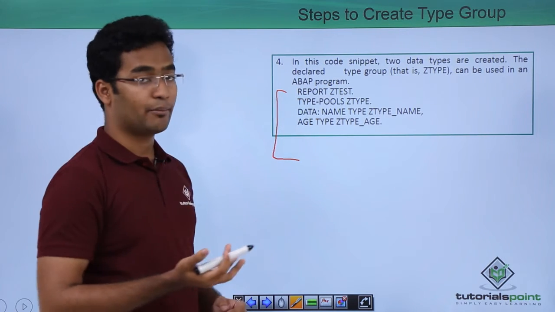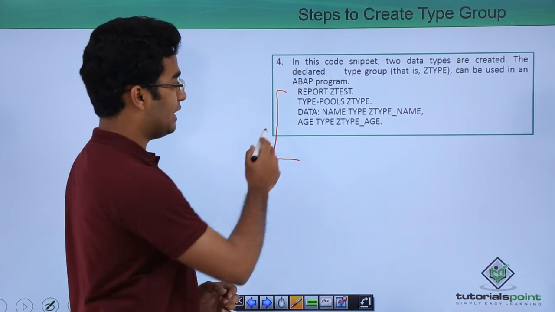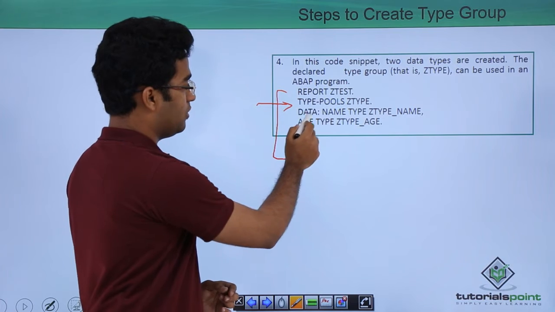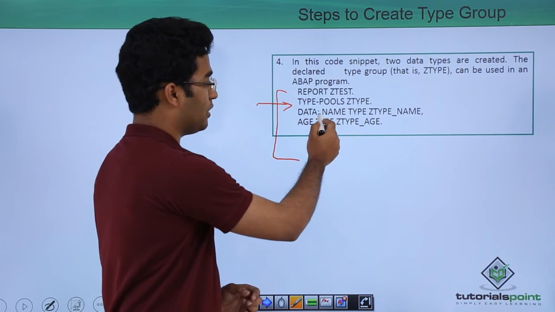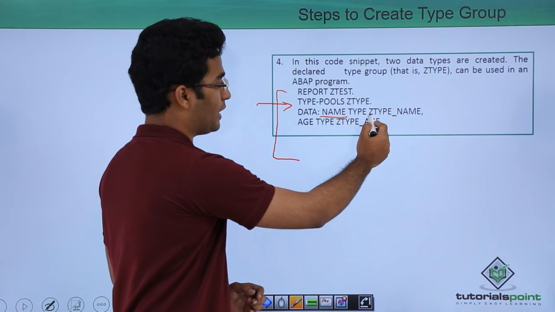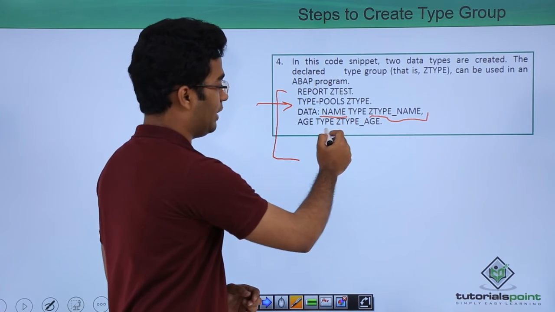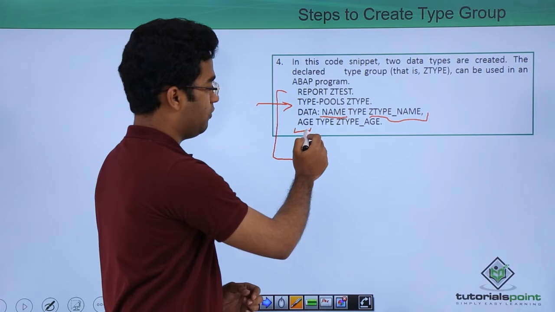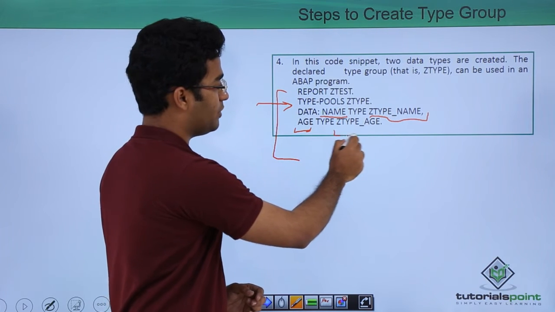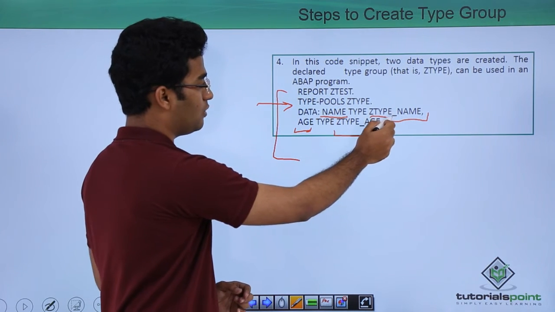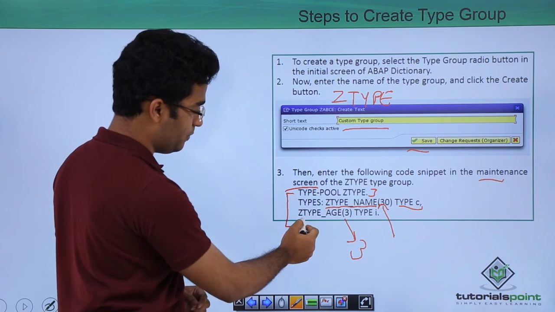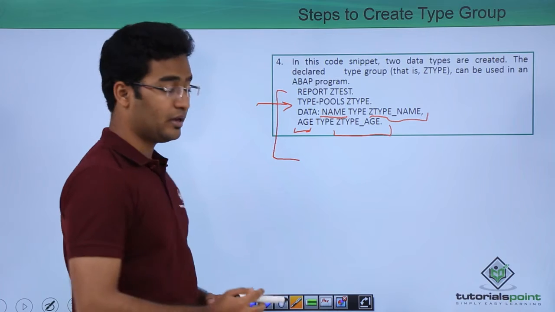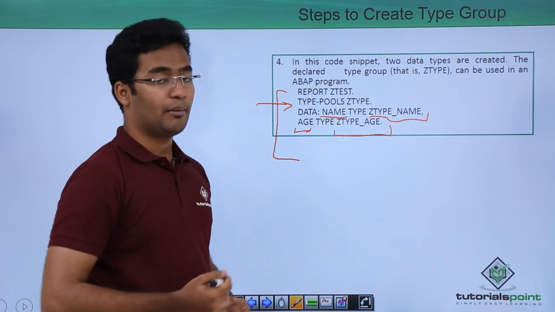To call our type group, we have the statement TYPE-POOLS ZTYPE, and we provide DATA name, which is our variable name, of the type ZTYPE_NAME, and we have provided another variable age, which is of the type ZTYPE_AGE. Both these data types we have provided in the previous screen. So this way we are declaring a data type in the ABAP dictionary.